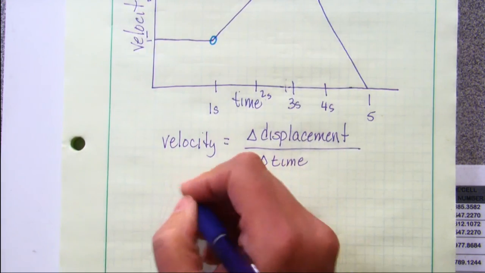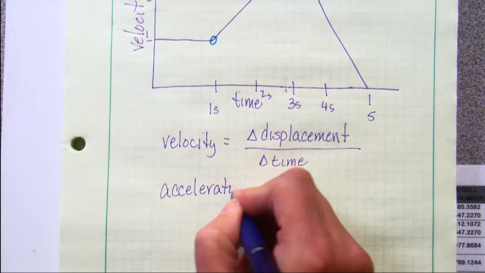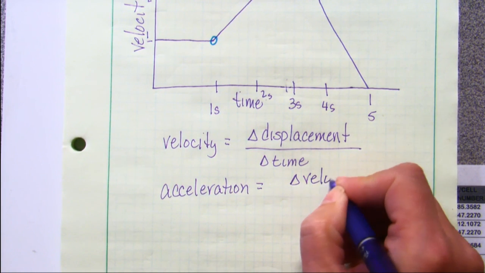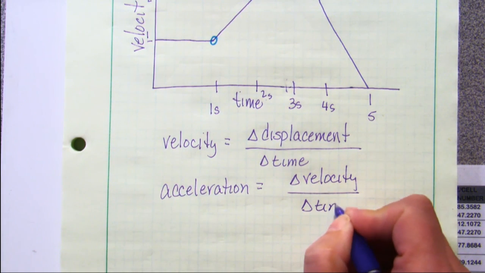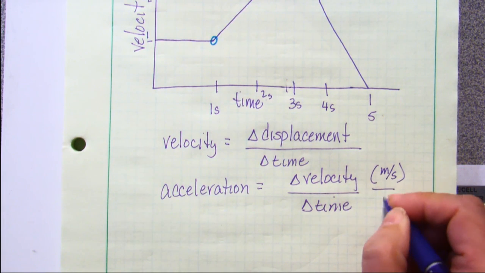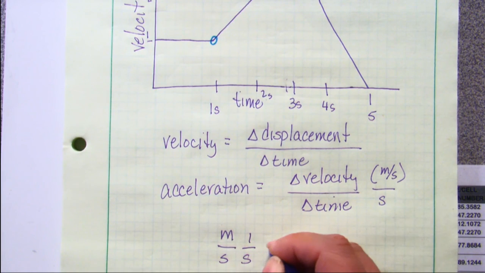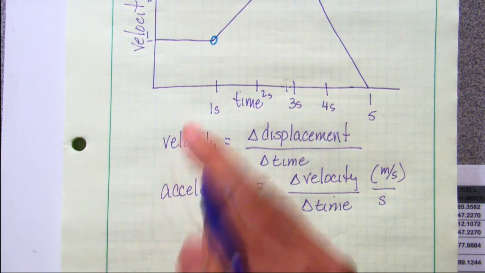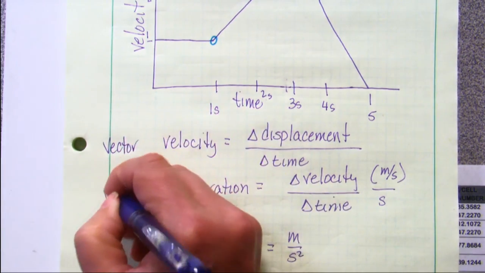But acceleration is going to be a change in velocity with respect to time. Velocity is going to be in meters per second. This is seconds, so I get meters per second times 1 over seconds gives me meters per second squared. This is a vector.